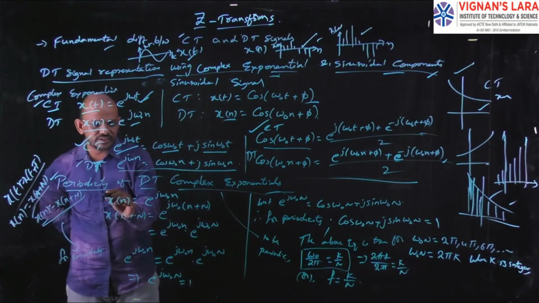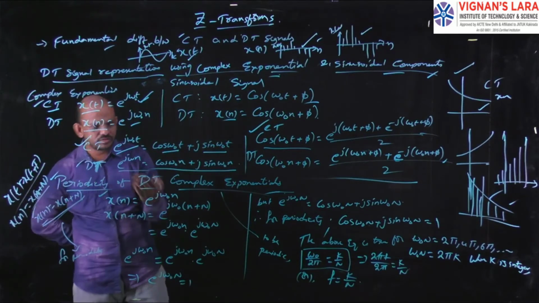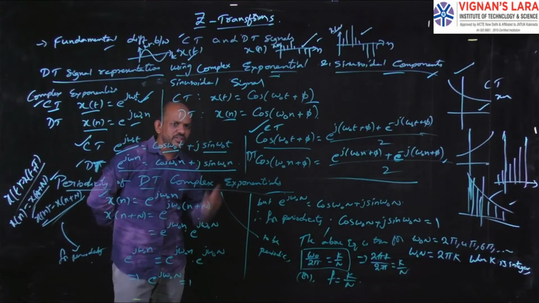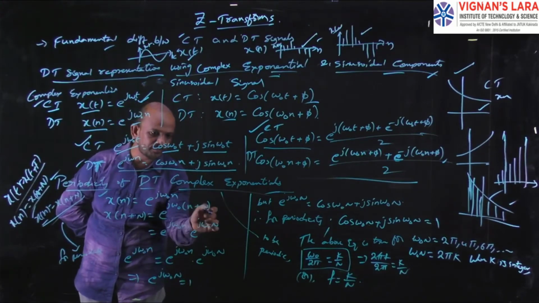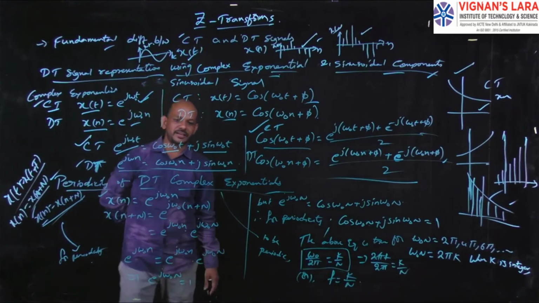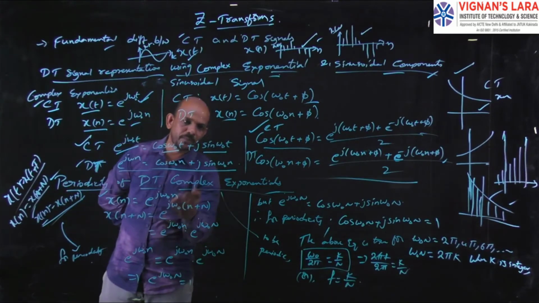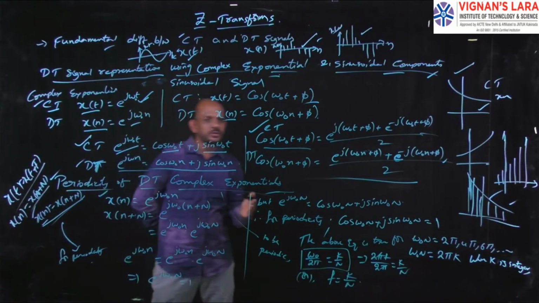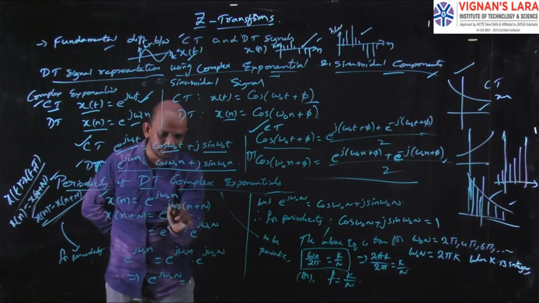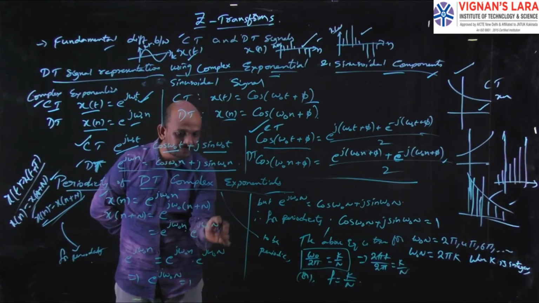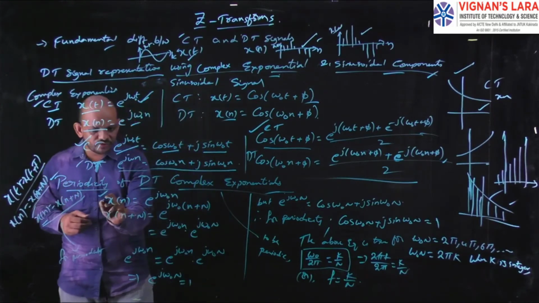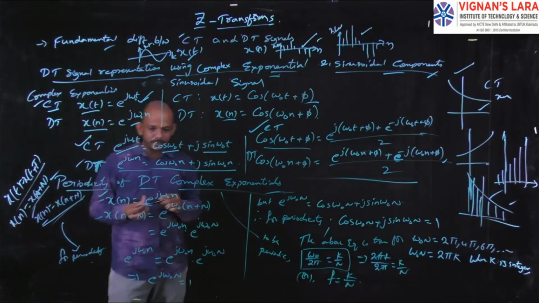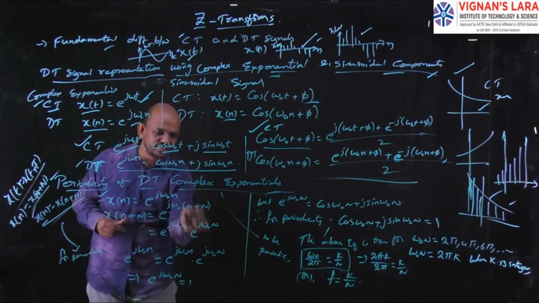Simple. So first I have the x of n. Then from that I go for the equation of x of n plus capital N, that will be equal to e power j omega naught into, in place of n I substitute n plus capital N. e power a plus b is e power a into e power b. In the same way, e power j omega naught n into e power j omega naught capital N. Now according to the periodicity, x of n should be equal to x of n plus capital N. That means these two will be equal.